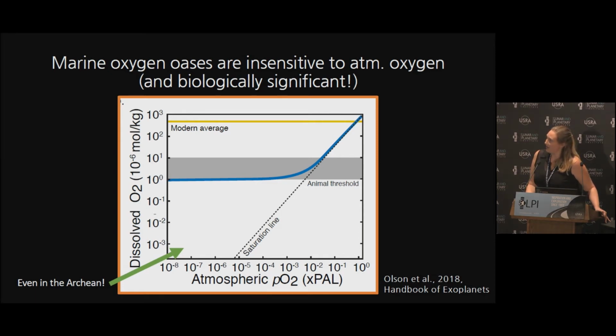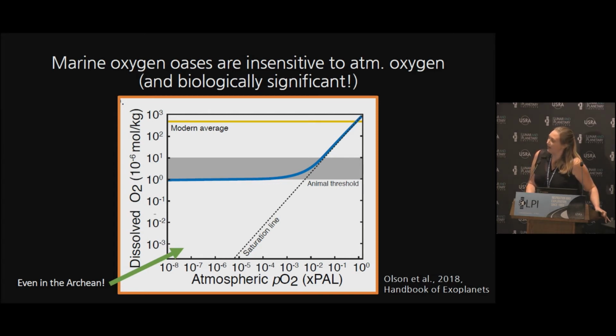That dashed line represents what you would expect for an ocean that was saturated with respect to atmospheric exchange. And the blue line represents the actual globally averaged surface oxygen concentrations.